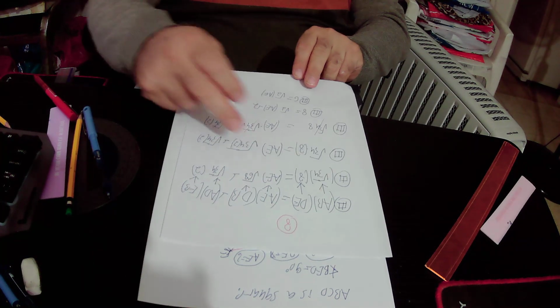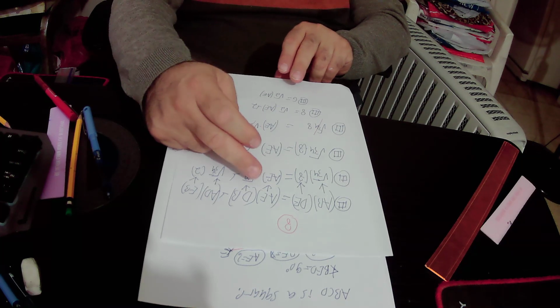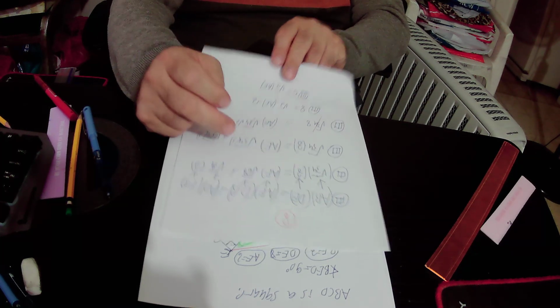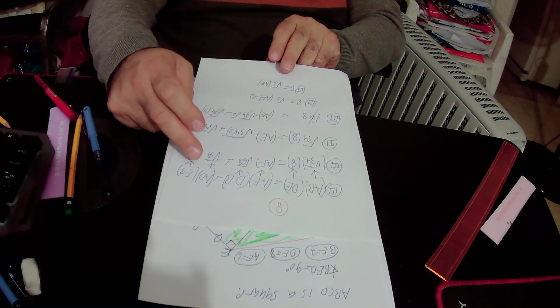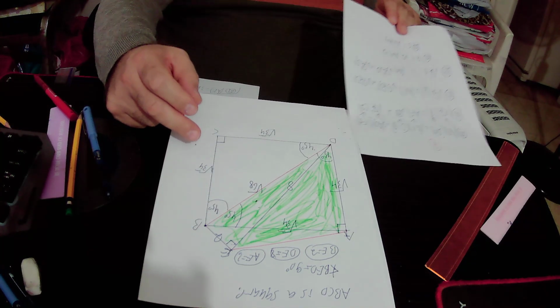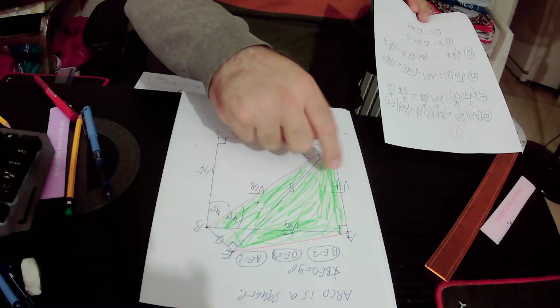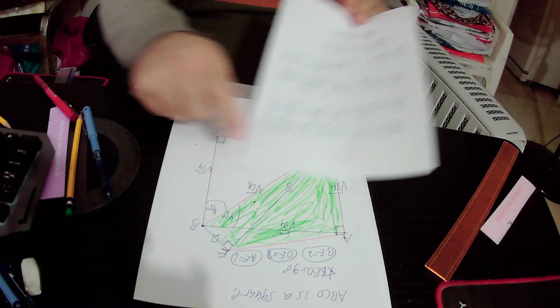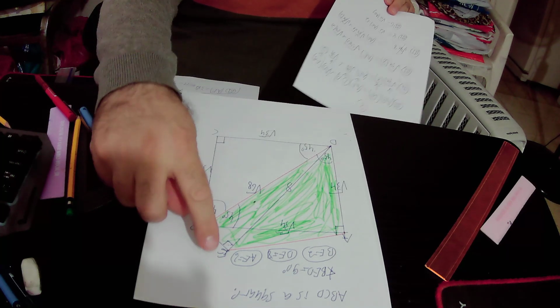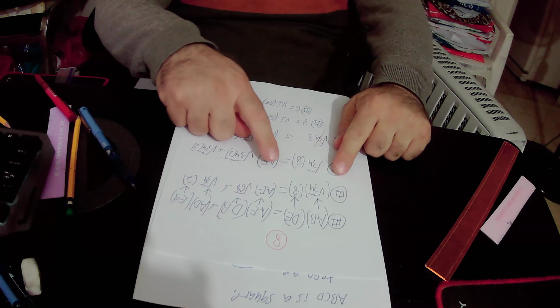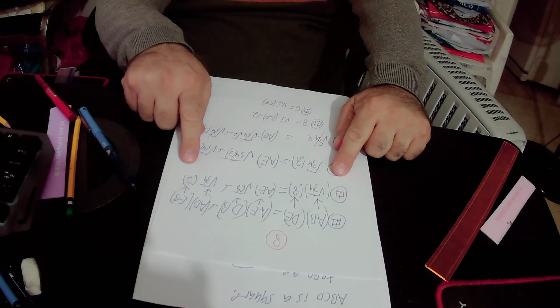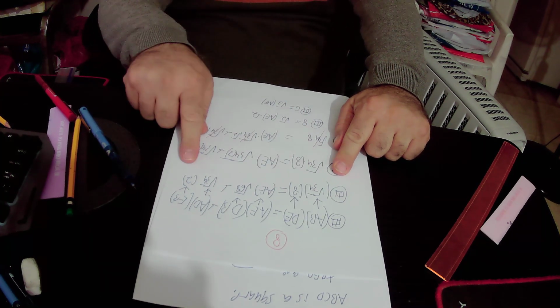AE is the missing line segment. We know that DB equals square root of 68. And we also know that AD equals square root of 34, and EB equals 2 units. It is given to us in the question. So we put the data inside equation number 3, and we got to this equality.